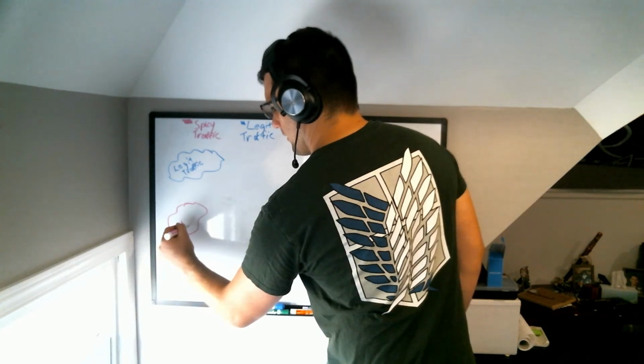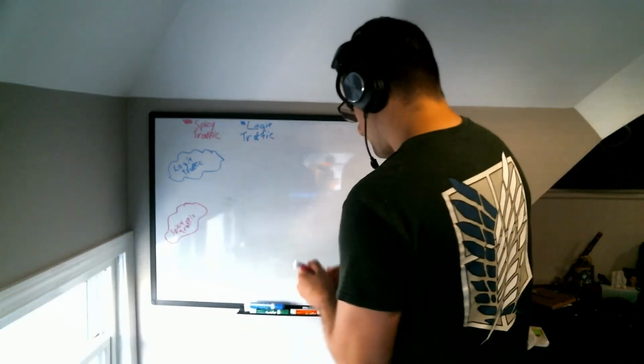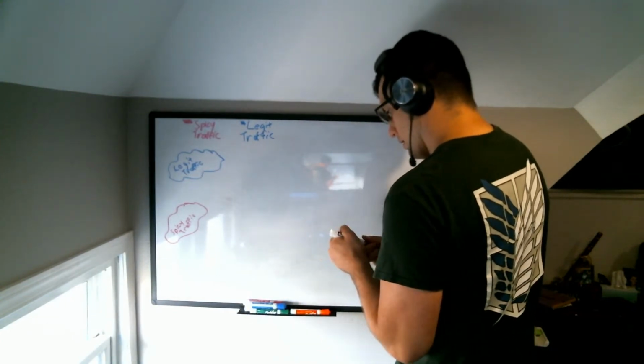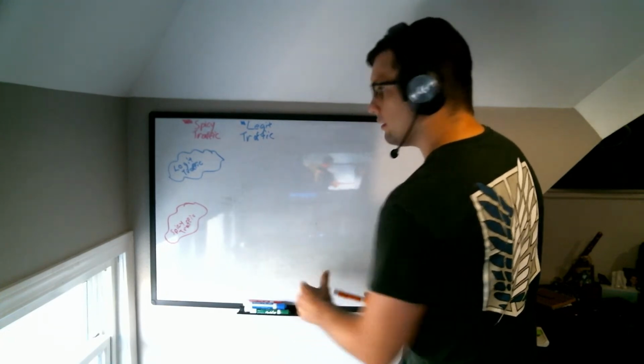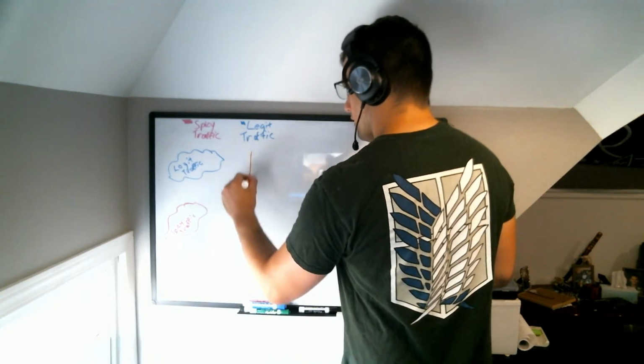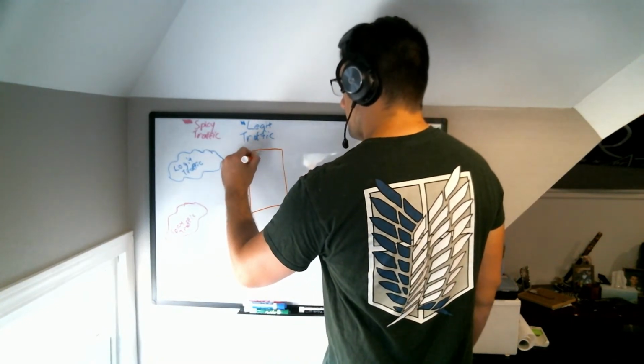Spicy traffic. And then here is, in orange, we're going to have our firewall, because I like OpenSense, and that's actually their logo. So we're going to draw a big box here, and this is going to be the firewall.